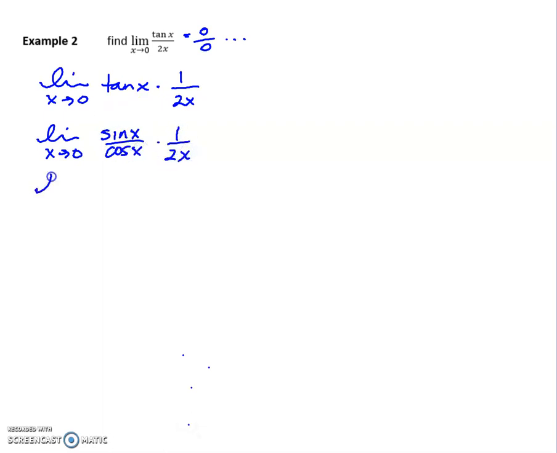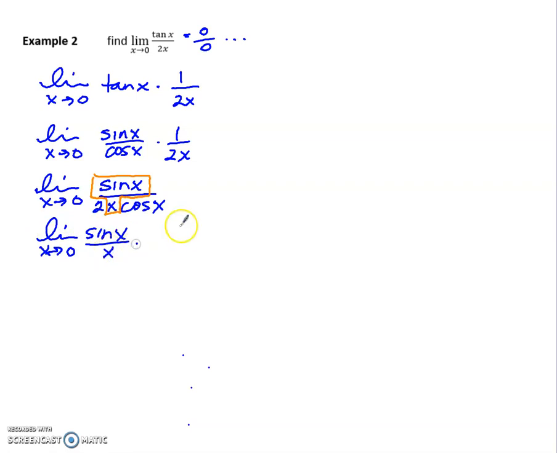Okay. And then I'm going to do one more grouping. I'm going to think of it like this, but I'm actually going to be grouping just that little piece together. And since it's multiplication, I am allowed to do this. So I'm going to separate this into the limit of sine x over x times the limit of what's left over.